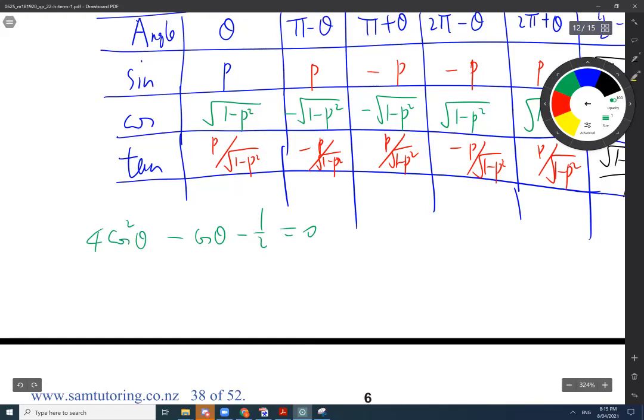Like this type of question? How do you solve for theta? No calculator, solve theta.